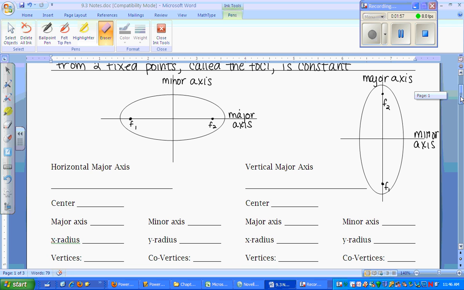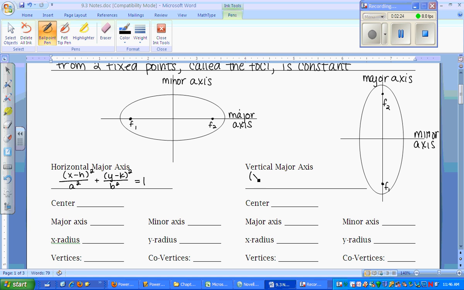What you need to know are some important characteristics of each of these ellipses. And the equation for a horizontal major axis ellipse is very similar to a circle. The equation is (x minus h) squared all over a squared plus (y minus k) squared all over b squared equals 1.